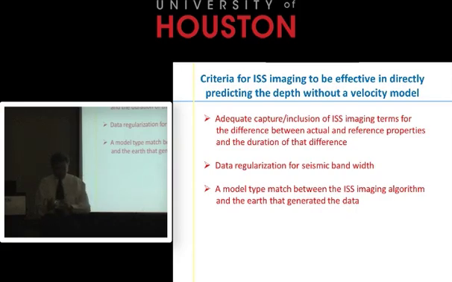We were hoping for that kind of thing. And then we get a common image gather flat, where it wasn't flat with water. Then it becomes flat. Let's say you had the wrong model type. If you had the wrong model type, then that flat is not the depth. If it's the right model type, then that is the depth, because these two criteria have been met.